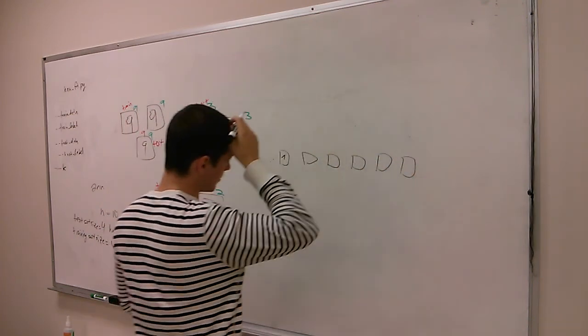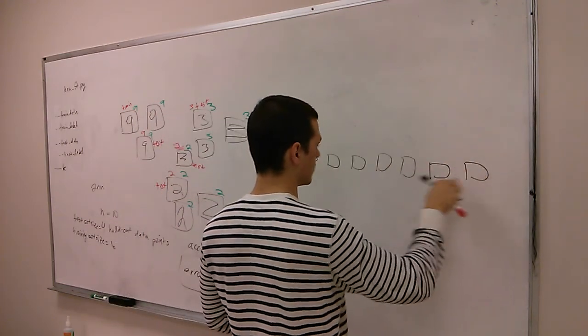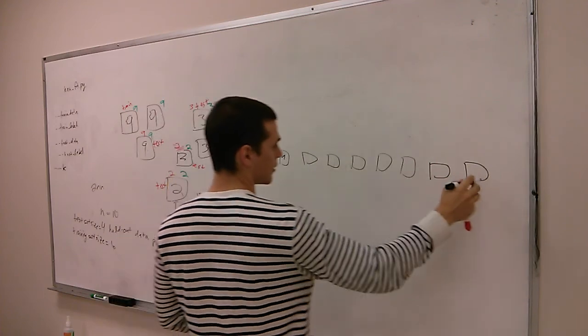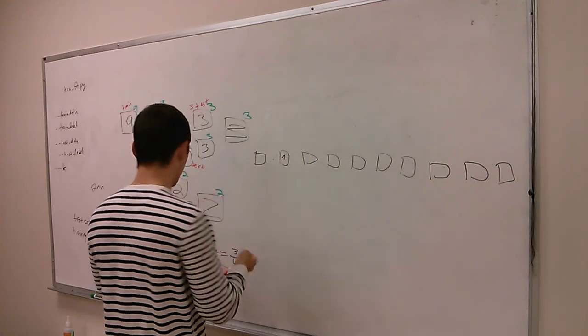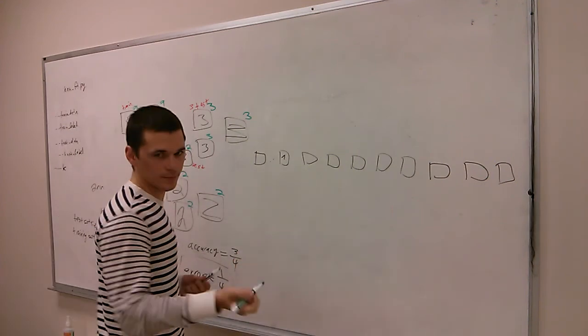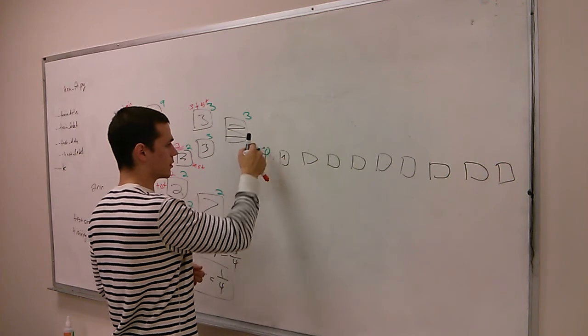I'm going to make 10 of them, numbered 2, 4, 6, 8, 10. And let's say the actual labels for these, so green is going to be the actual label. The actual label is, let's say this is 0, so it's 0.